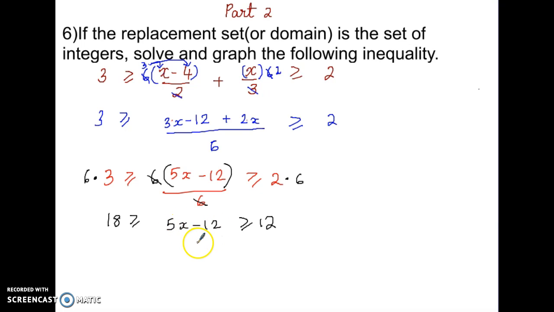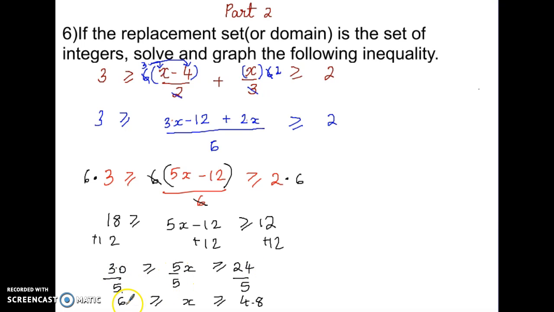So first we get rid of the negative 12 by adding 12 throughout. So 18 plus 12, we get 30 greater than or equal to 5x greater than or equal to 24. 30 divided by 5 is 6, and 5 divided by 5 is 1. We don't actually write that 1 over there. And 24 divided by 5 is 4.8. So that's what we get.